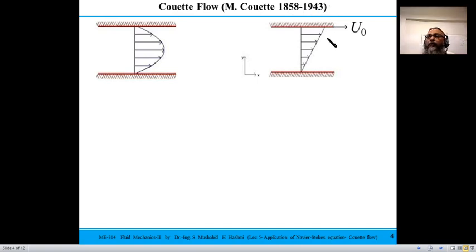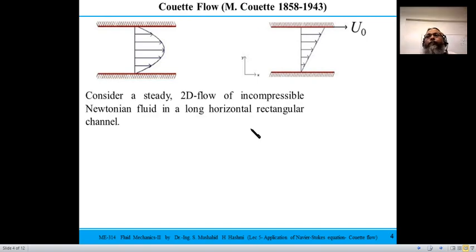That's why such a flow is called Couette flow. We are assuming a steady state problem because we are not interested in the variation with time. Secondly, we are not interested in the z direction, so it's a two-dimensional flow, and we are assuming a constant density, so it's an incompressible flow.